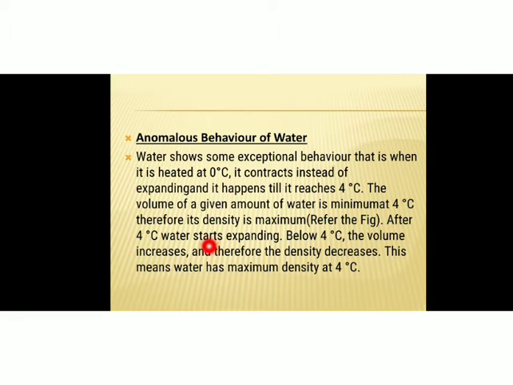After 4 degrees Celsius, what happens? After 4 degrees Celsius, water starts expanding. Till 4 degrees Celsius, the volume of the water decreases, that is, it contracts. After 4 degrees Celsius, water starts expanding, that means its volume starts to increase. So above 4 degrees Celsius, the volume increases and therefore the density decreases.